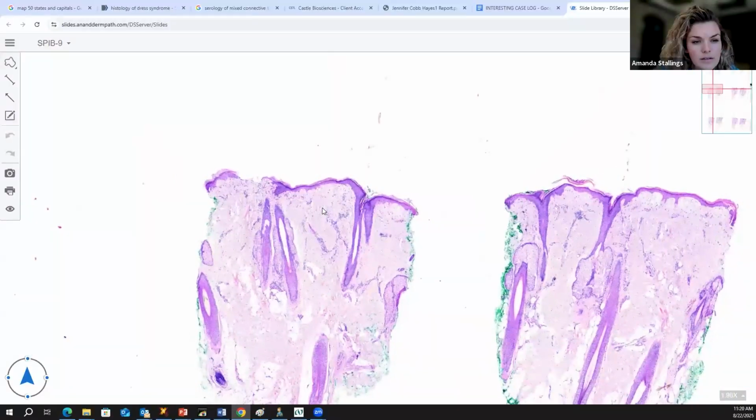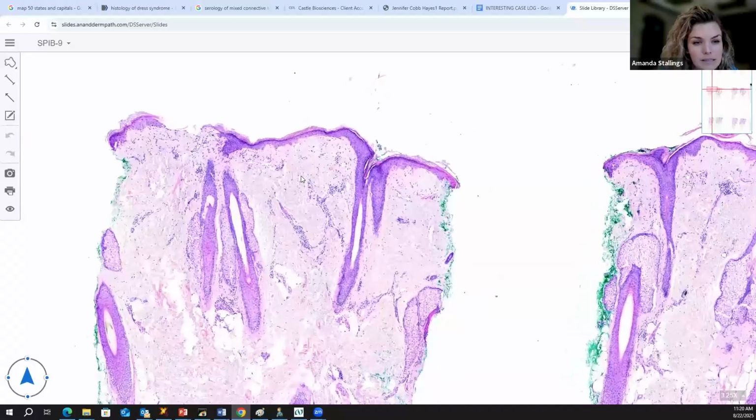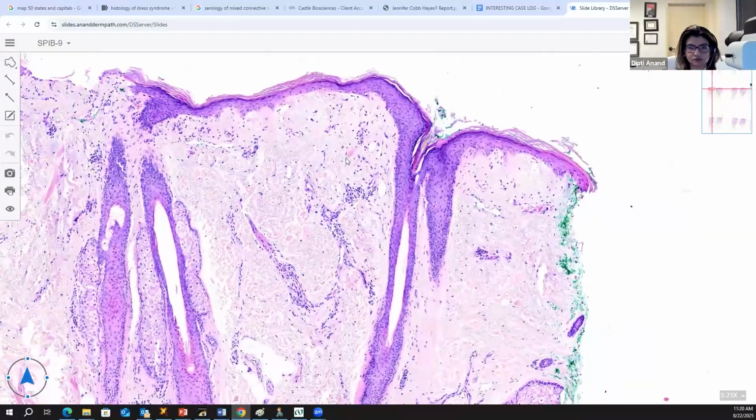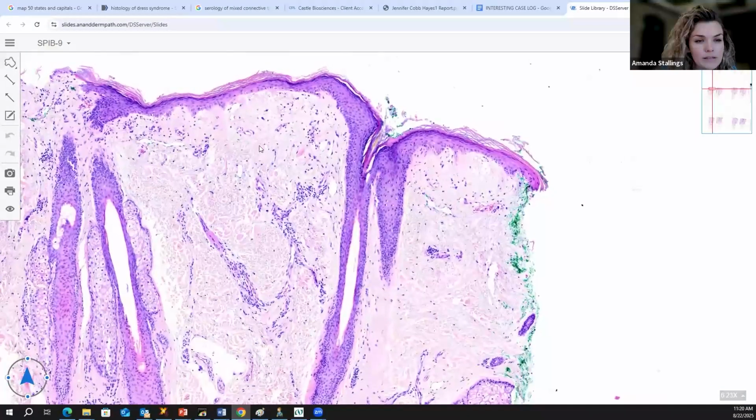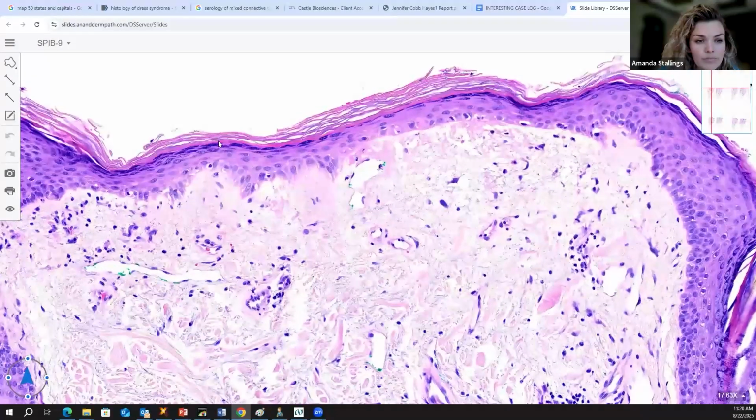So we can see from far away that the epidermis is markedly effaced. Okay. And then when we zoom in here, it looks like more of a chronic vacuolar change. The basement membrane is thickened here.